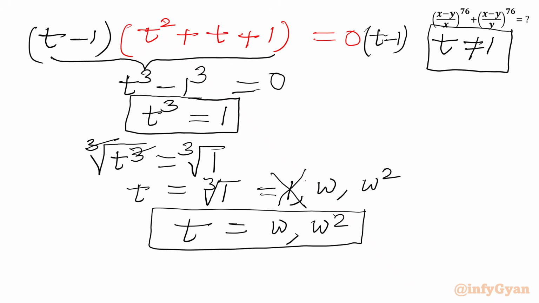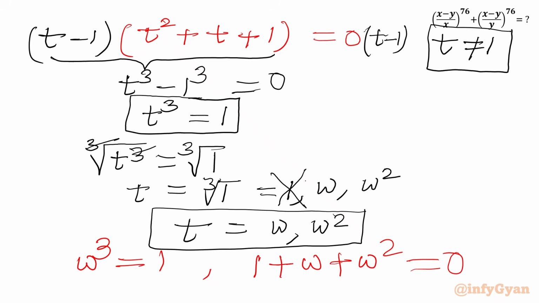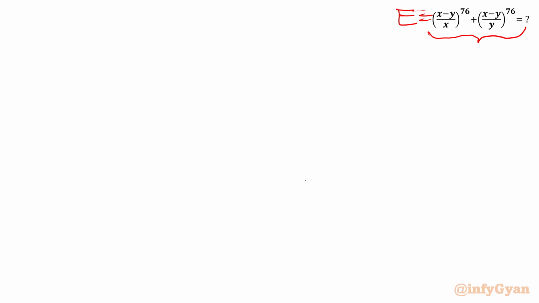We have two properties from cube root of unity, which I will write here: omega cube equal to 1 and 1 plus omega plus omega square equal to 0. Now I will write here t equal to omega, but before that our required expression is in variable x and y. So let's convert into t or omega.